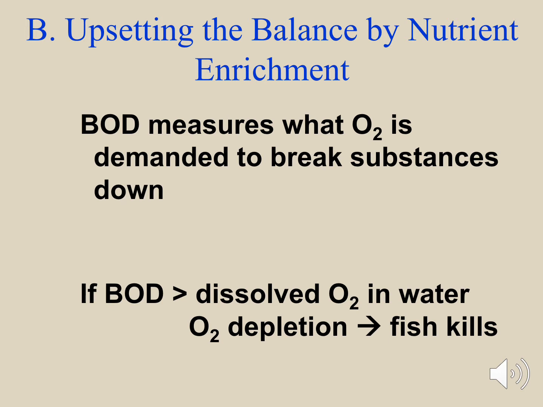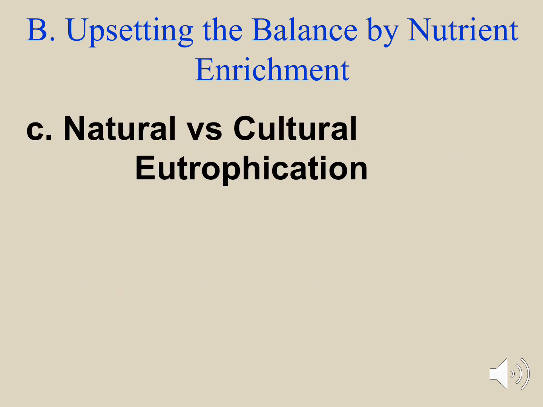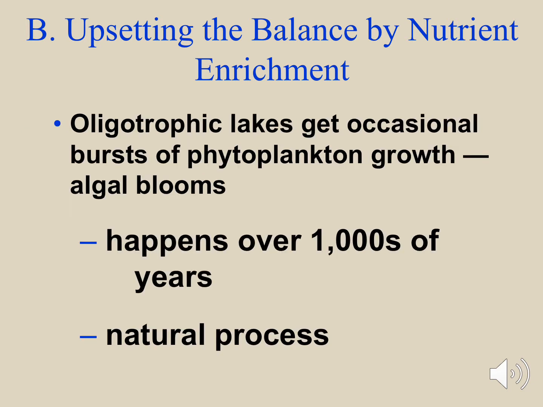So eutrophication, I mentioned, was a natural process, but there's really two types of eutrophication. There's natural eutrophication, which takes place over thousands of years, and what we would call human-caused or cultural eutrophication. So in our oligotrophic lakes, we can get an occasional burst of phytoplankton growth or algae blooms every once in a while.